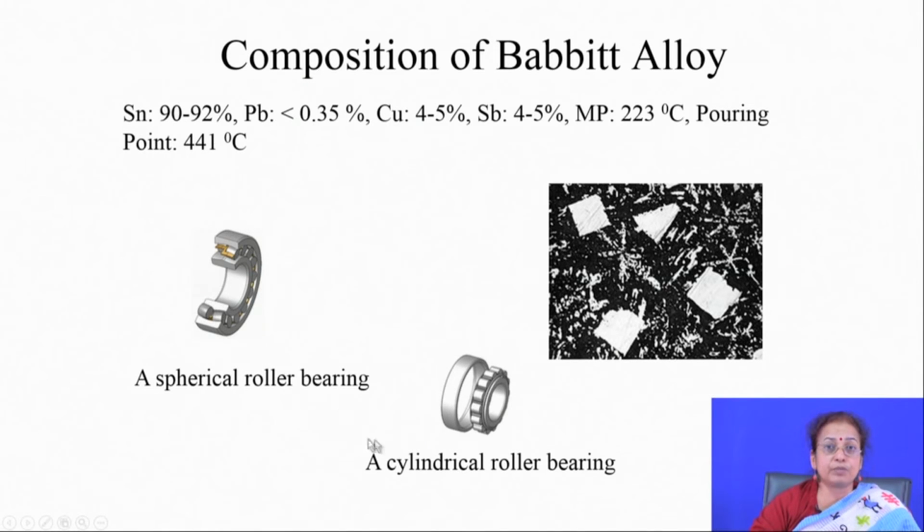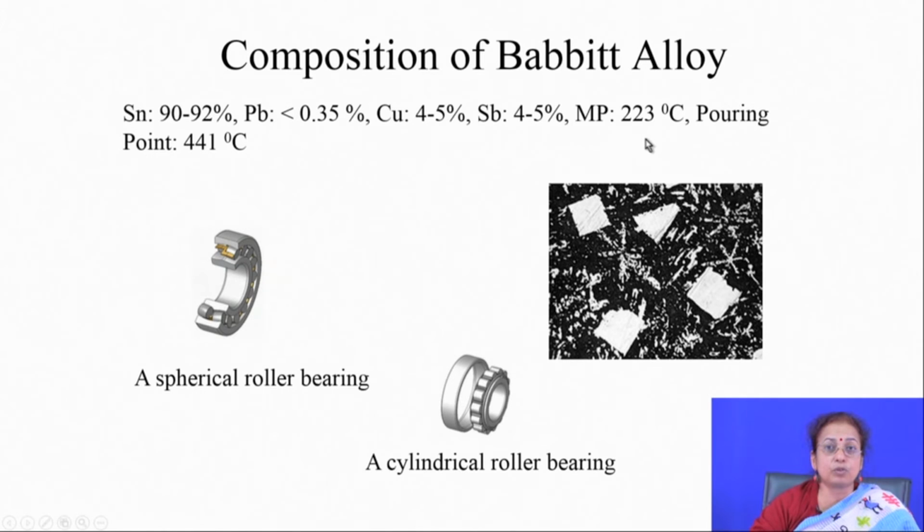So, these are different bearings which are coated with tin lead alloy, that is, typical babbitt alloys. As I mentioned, typical compositions have a little bit of lead. This is typically 90 to 92% tin, less than 0.35% lead, copper 4 to 5%, antimony 4 to 5%.